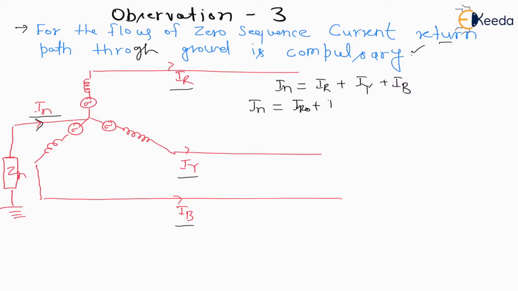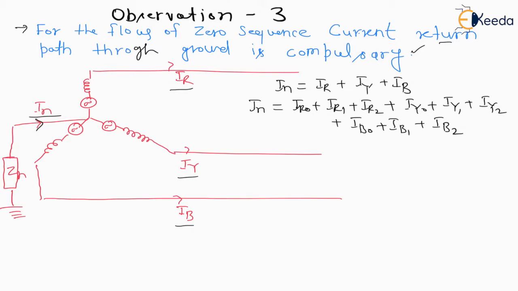IR we can break into IR naught plus IR1 plus IR2, IY we can break into IY naught plus IY1 plus IY2, plus IB naught plus IB1 plus IB2 basically.